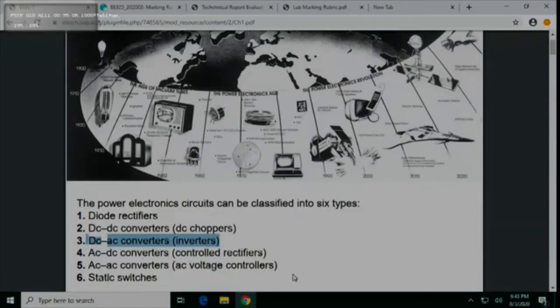PV to load, DC to AC, and then AC to DC again, and then AC to AC. So it's like rotating, all of these are made up of power electronic devices. And then we have static switches.